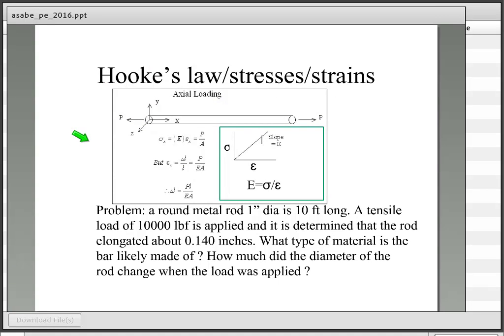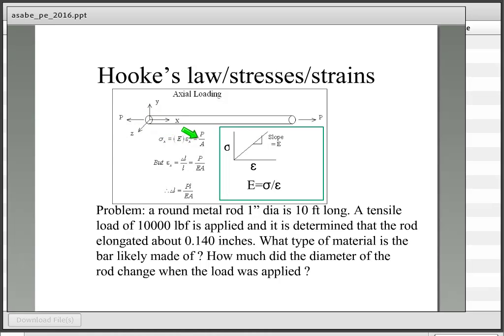If we're talking about axial loading, then we're going to be applying what's called Hooke's law for stresses and strains. And very simply, for axial loading, the stress in the x direction, sigma x, is equal to E, which is the modulus of elasticity, times the strain.